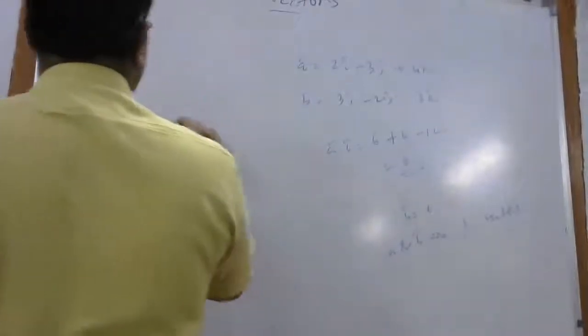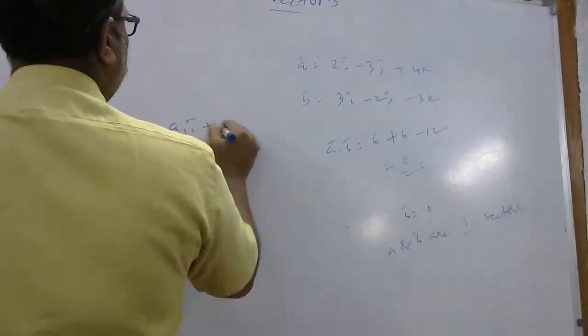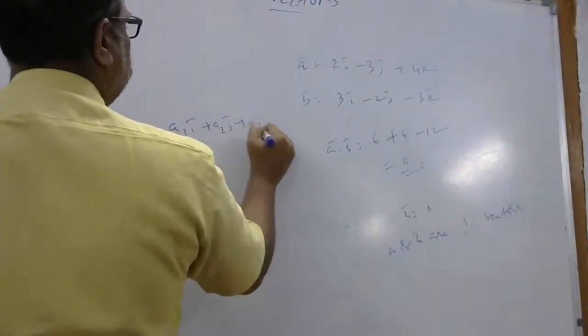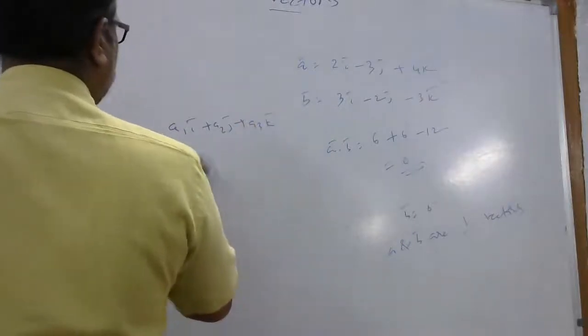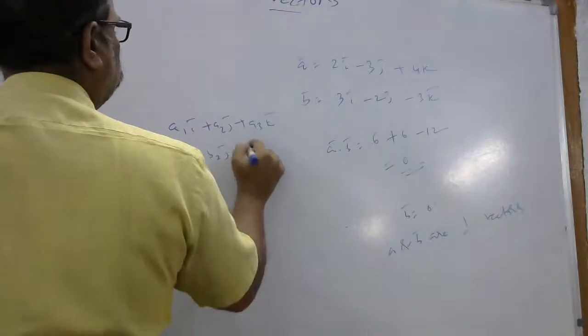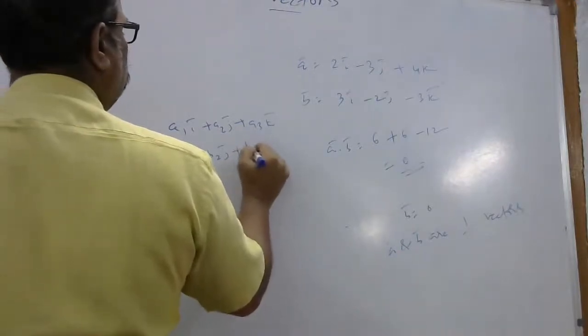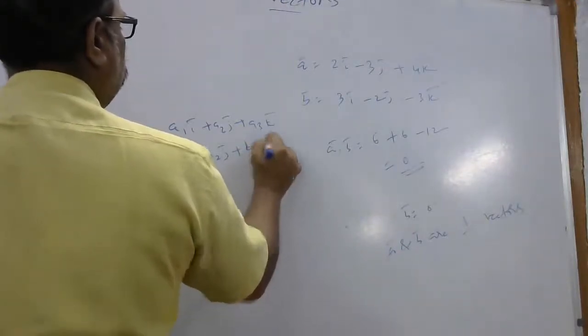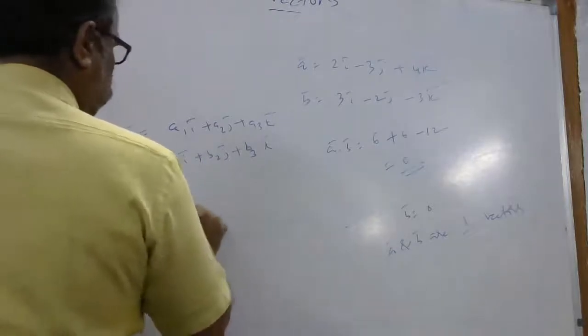Now you see an example. I take A bar is equal to A1 I bar plus A2 J bar plus A3 K bar. B bar is equal to B1 I bar plus B2 J bar plus B3 K bar. A bar dot B bar I want to find.